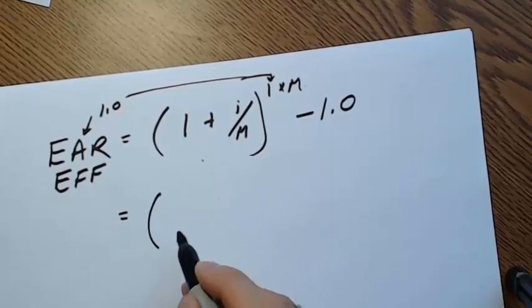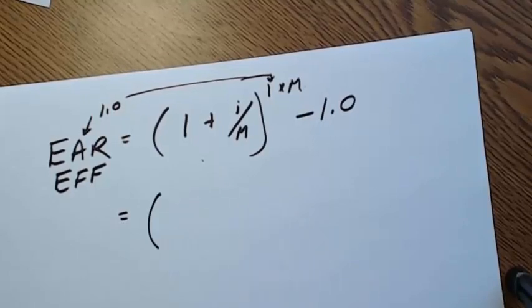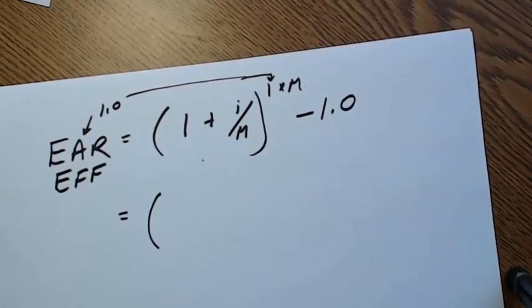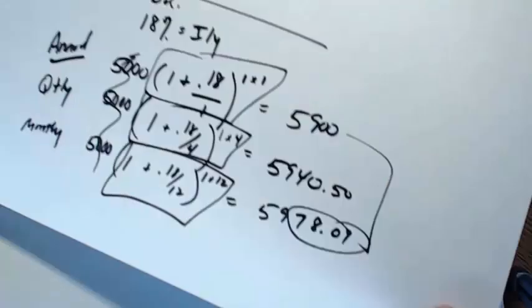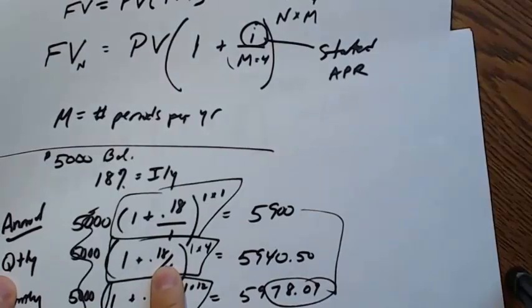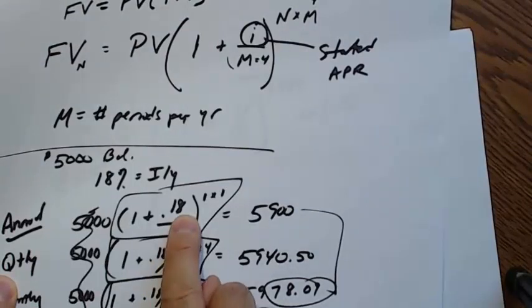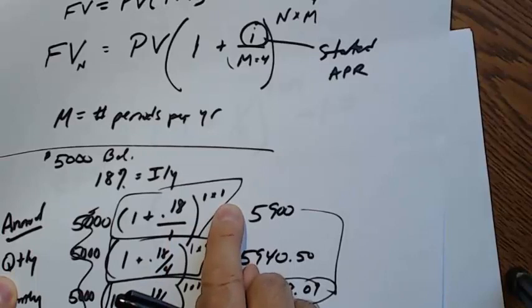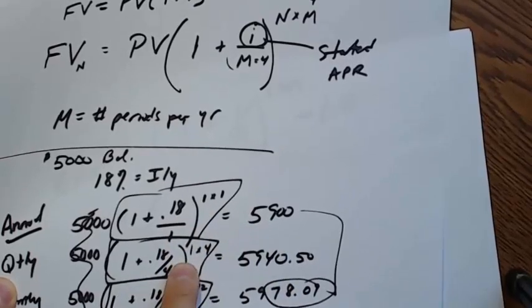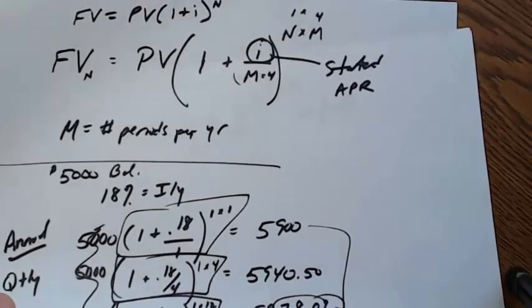So on a quarterly basis, in the problem we just saw, what was the effective interest rate of this problem right here? It wasn't 18%. It was not the effective rate. 18% is the effective rate if you compounded only once a year. What was that interest rate? It's not 18%.